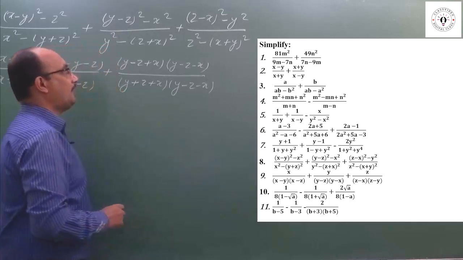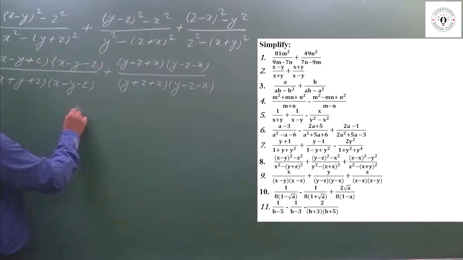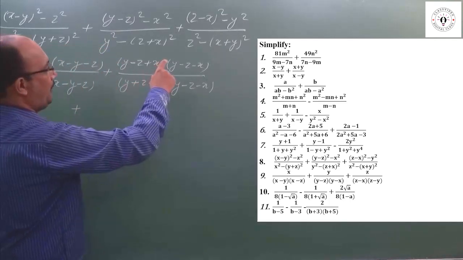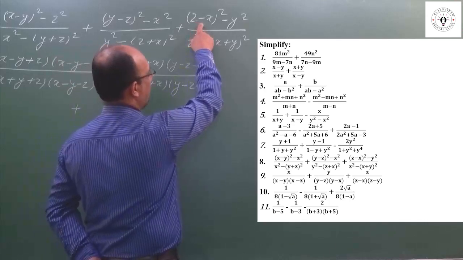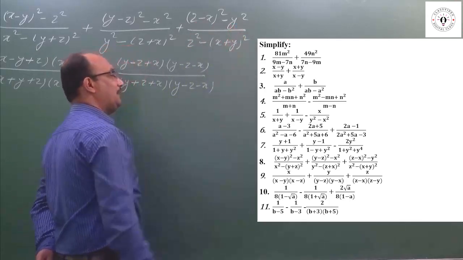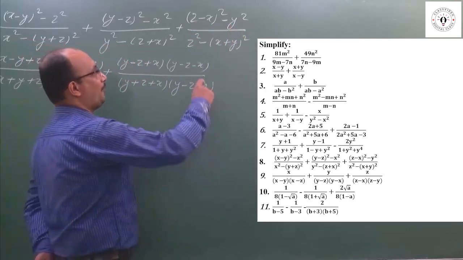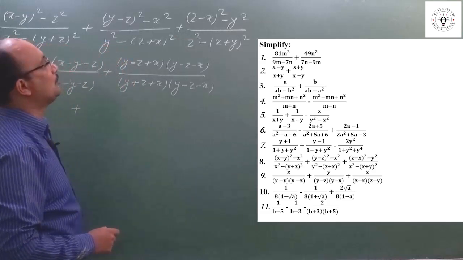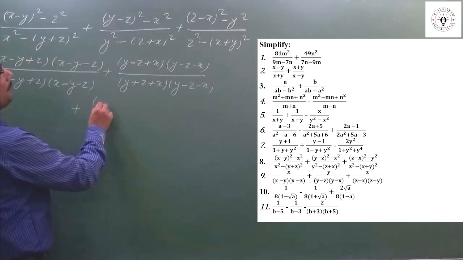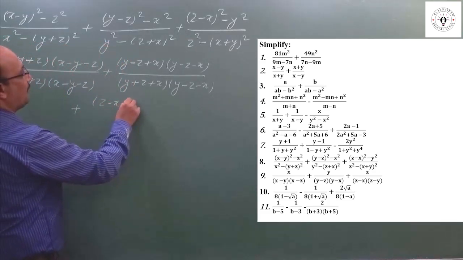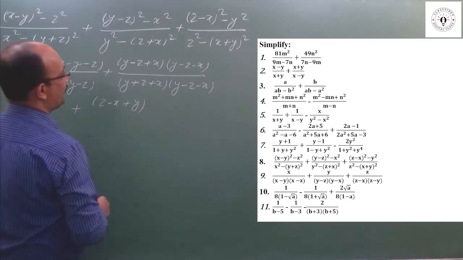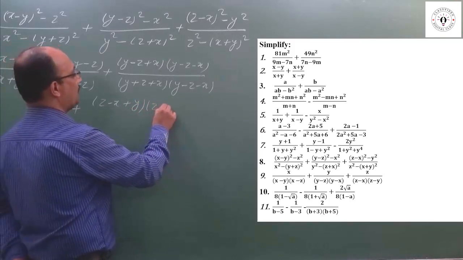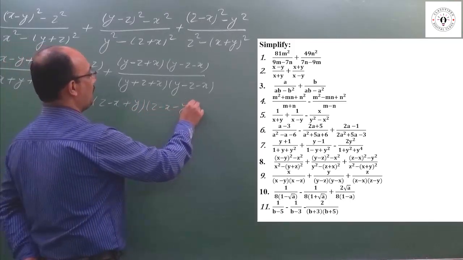z minus x. Similarly, if you suppose z minus x as a and y as b, then this is also in the form of a square minus b square, which equals a plus b. a means z minus x plus b means y. a minus b, a means z minus x, minus b means minus y.